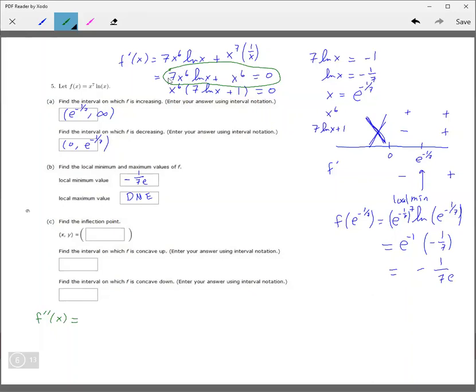The derivative of this, I'll bring the 6 down, so that's going to be 42 x to the 5th log x, plus this 7x to the 6th times the derivative of log x, which is 1 over x. So the derivative of this is that. And then the derivative of this is 6x to the 5th. Okay, so I'm going to go ahead and set that equal to 0 because I want to find out where it's 0.